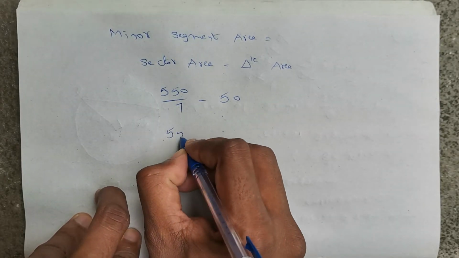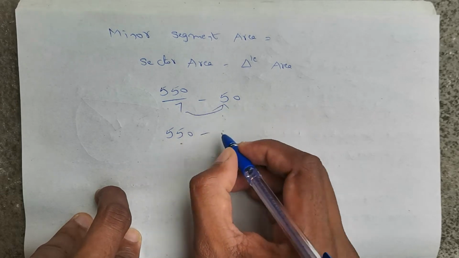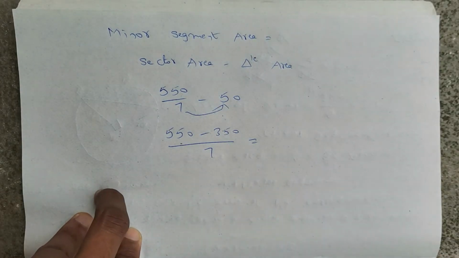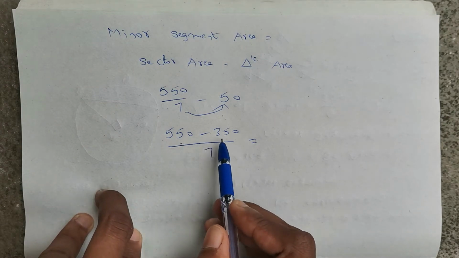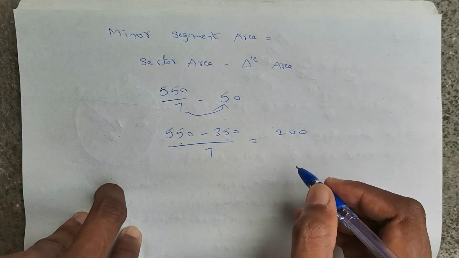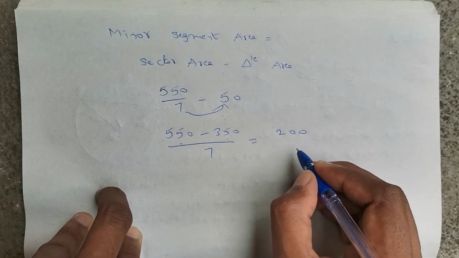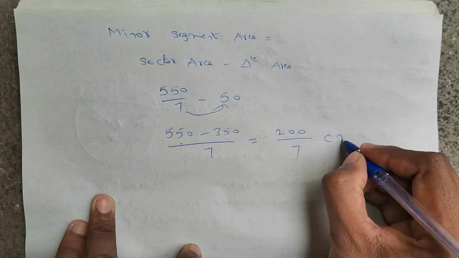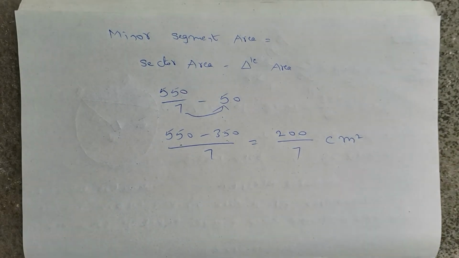So here 550 as it is minus 7 into 50, 350, divided by 7, which is equal to 550 minus 350, 200 divided by 7. So 200 divided by 7 centimeter square.